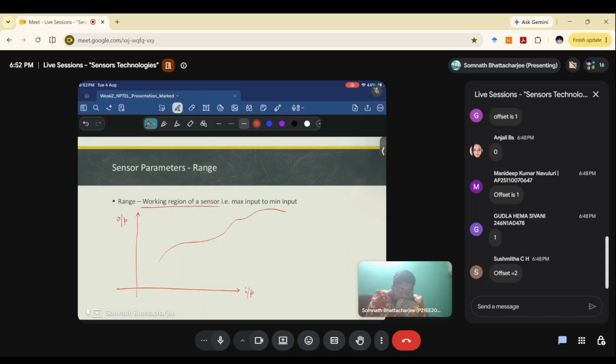Yes, the start of the curve to the end of the curve. This is our starting point, and this is our ending point. So our range is from here to here, complete. Let's say these values are x1 and x2. Then the range is from x1 to x2.